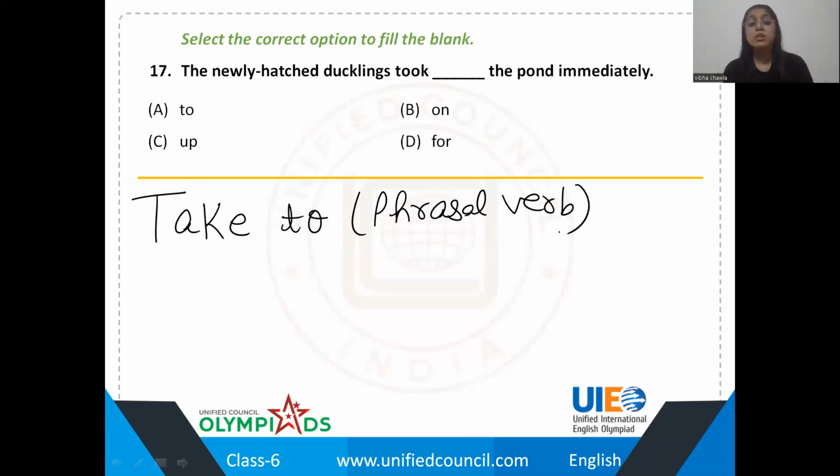It can mean to start liking something, or when you start doing something very often. In this context, it means the newly hatched ducklings started liking going to the pond. As soon as they were born, they were really attracted towards this thing. They started liking going to the pond.